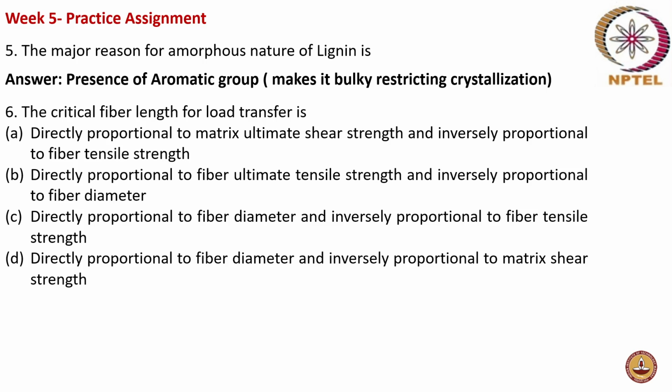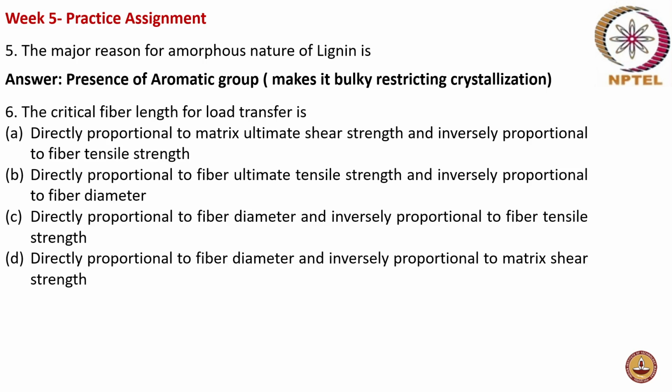So what are those parameters? Say for example, it has parameters like the diameter of the fiber and the tensile strength of the fiber. So how is it related? Whether it is directly proportional or inversely proportional. Directly proportional means it will come in the numerator, whereas inversely proportional, it will be in the denominator.